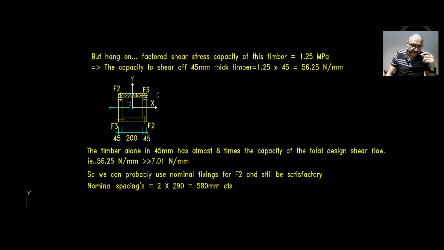The nominal spacings as per AS 1684 is 2 times the beam depth, where the beam depth is obviously parallel to the loading. So we can say, okay, F2 can be at 580 millimeter centers, right? And if the fixings failed at F2, there will be enough shear stress in the timber alone, okay?